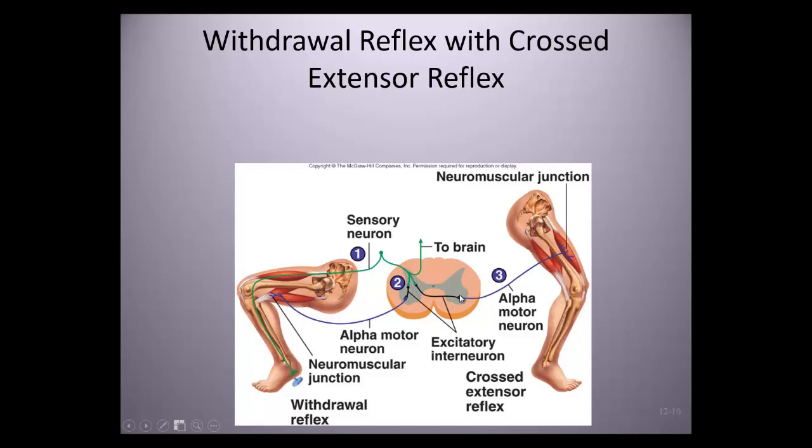Because if you're going to withdraw the leg that's stepping on the pin, we need to drop the leg that's going to support the body when this leg is drawn upward. So we call this the crossed extensor reflex, because we need to extend the good leg to catch ourselves and prevent us from tripping. So the benefit of the crossed extensor reflex is to prevent us from tripping when that withdrawal reflex is activated, when we draw up the leg that's being injured by the pin.